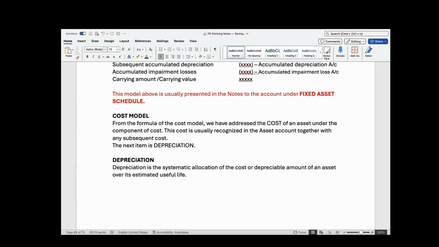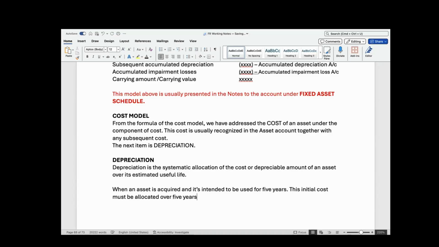So the way depreciation works is that when an asset is acquired and is intended to be used for more than 1 year, let's say for 5 years, these initial costs must be allocated over 5 years.